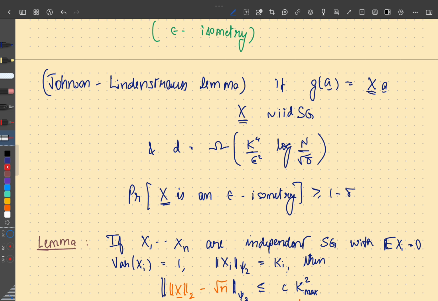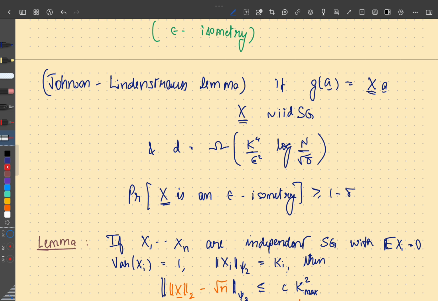Right? But then there have been a number of further improvements made to this Johnson-Lindenstrauss lemma. You can show that it's possible to choose this matrix X to be such that this matrix-vector multiplication can be done very efficiently.